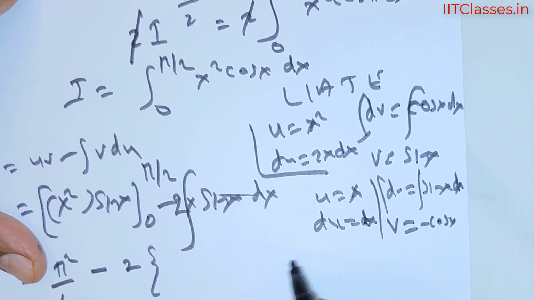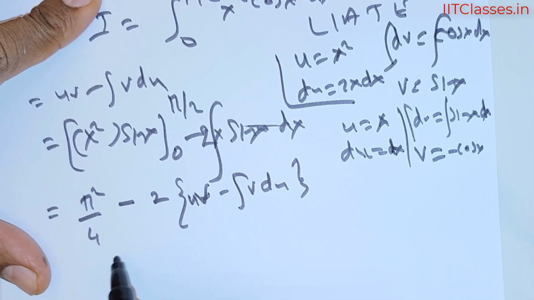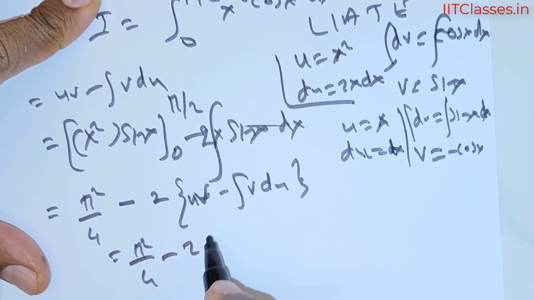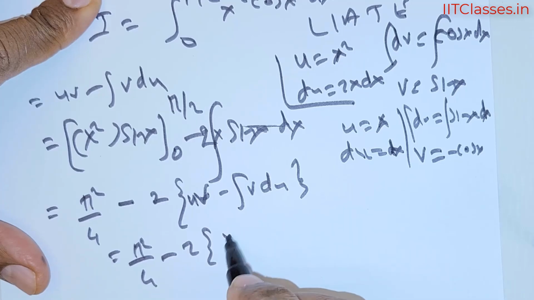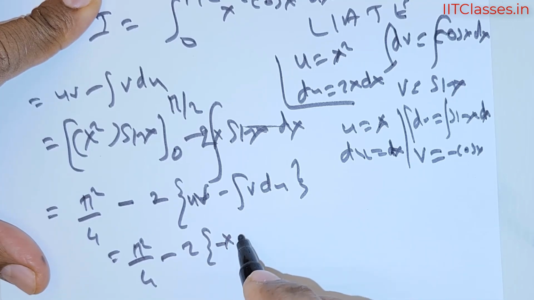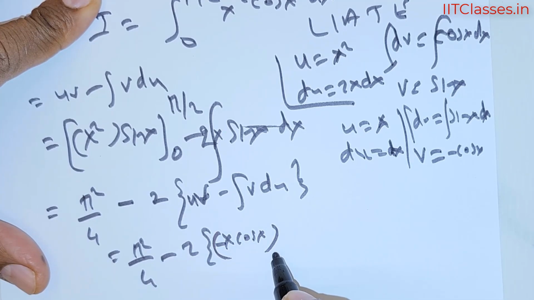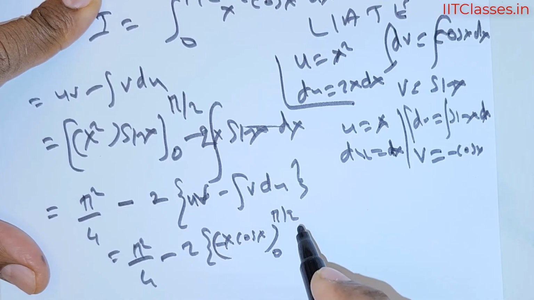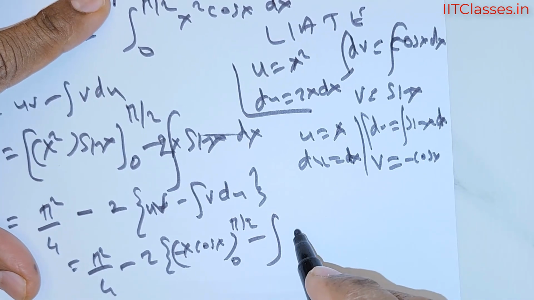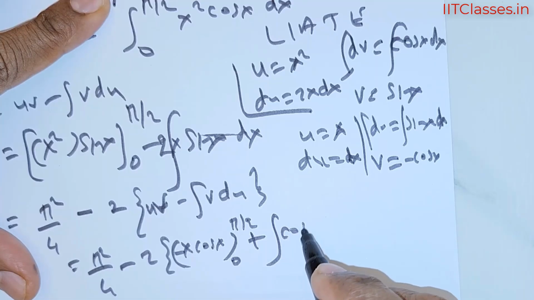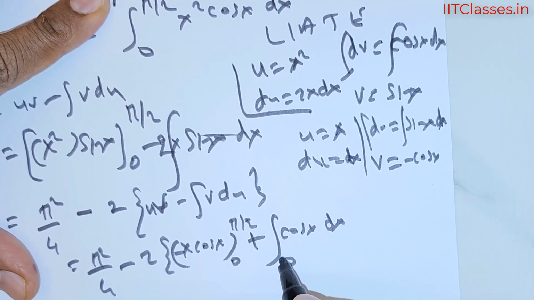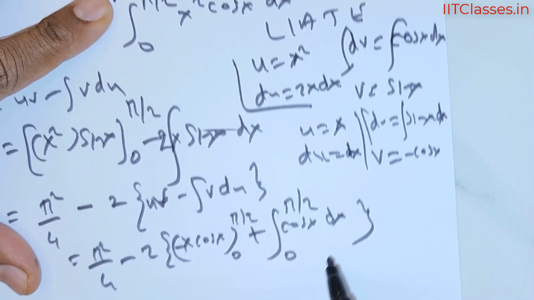So using the formula uv minus integral v du, this is going to be pi squared over 4 minus 2 times, u is x, my v is negative cos x, and the limits are 0 to pi over 2, minus integral v is negative cos x times du is dx. The limits are 0 to pi over 2.